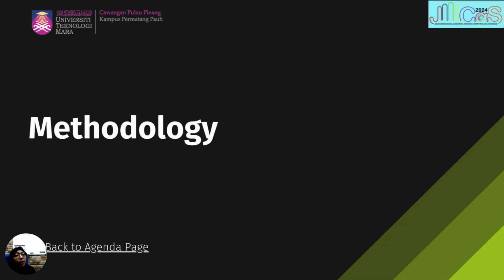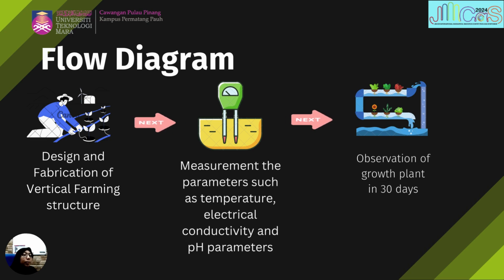So what method do we use in this paper? The method begins with a flow diagram. First, we design and fabricate the vertical farming structure with a very simple design. Number two, we measure parameters such as temperature, electrical conductivity, and pH to control the growth of the yields.